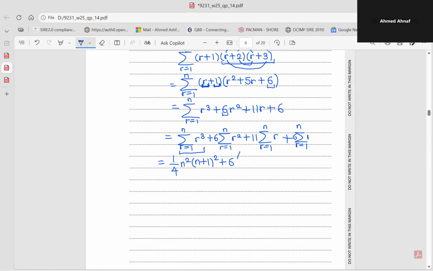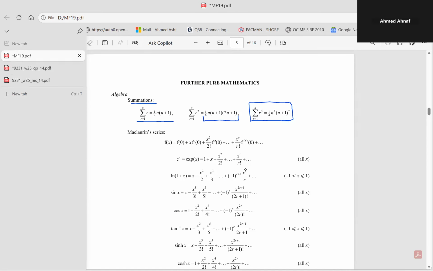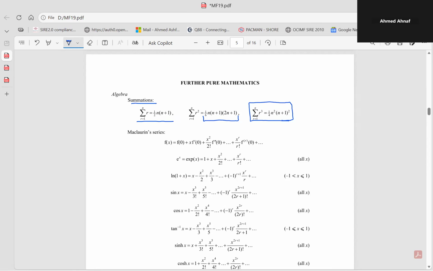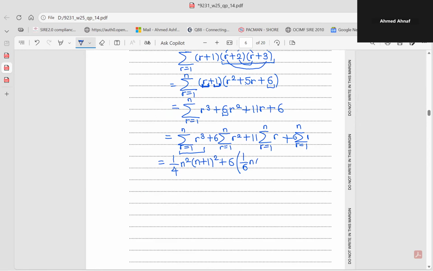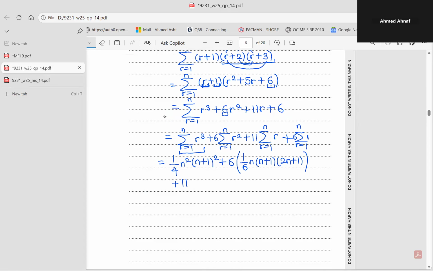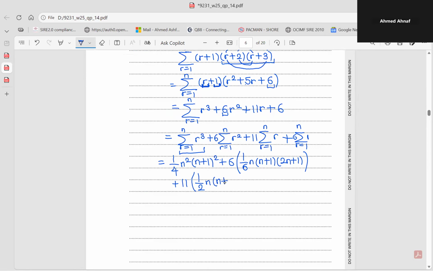Is it a half? Oh no, 1 over 6. Sorry. 1 over 6 n times n plus 1 times 2n plus 1, times 6, and then plus 11, and the summation of r is just half n times n plus 1, plus 6.